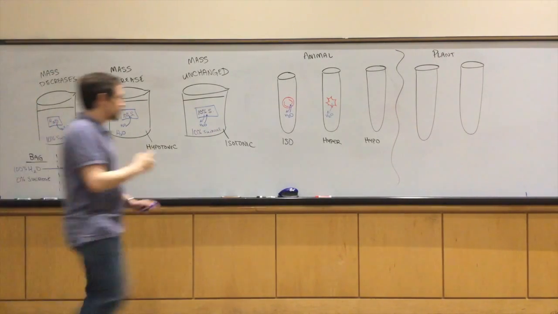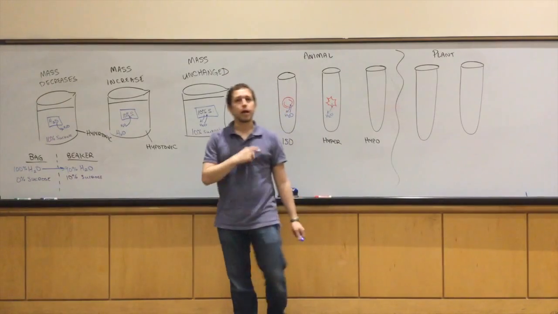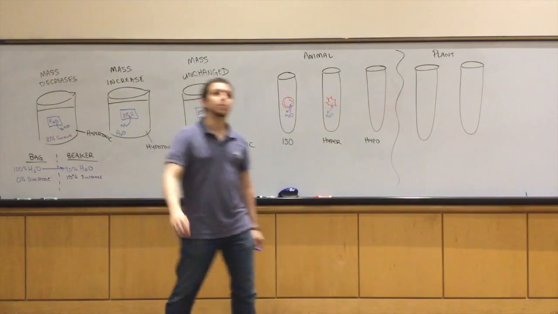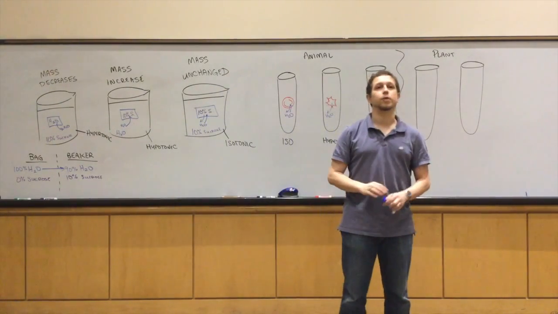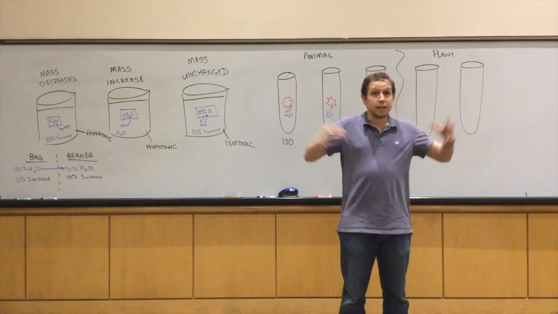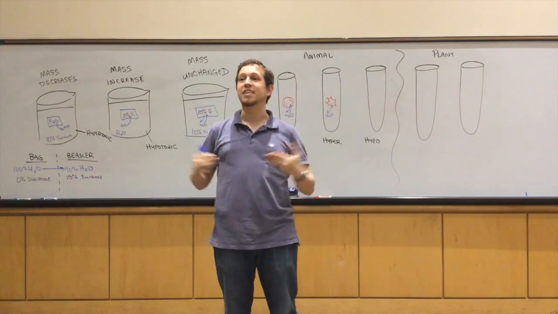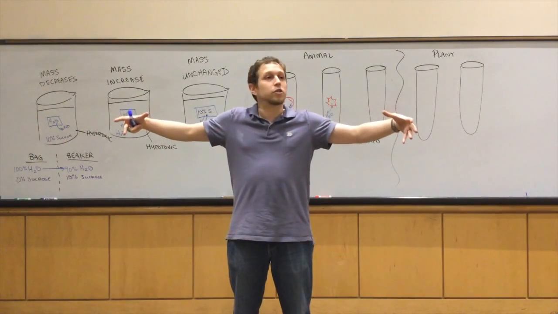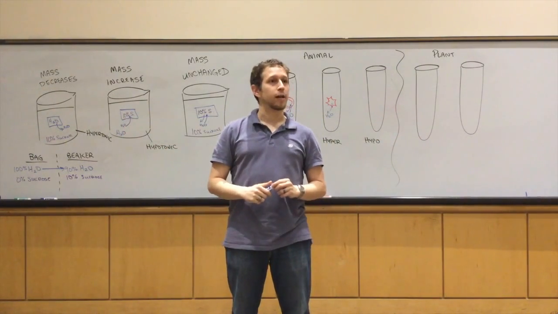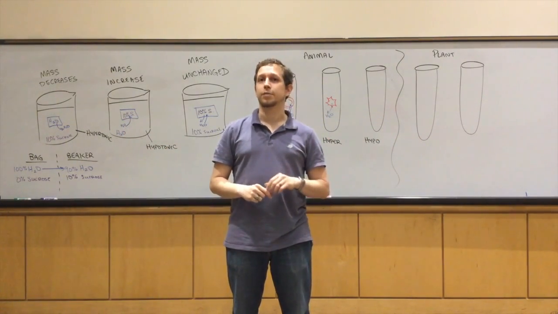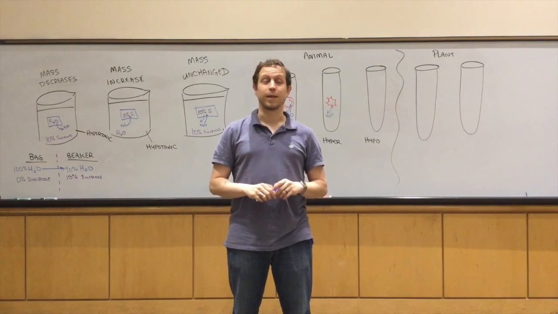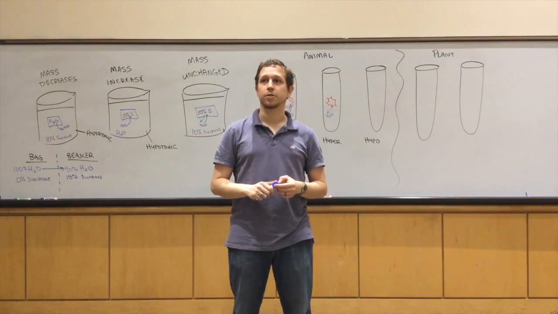And finally, I place a red blood cell into a hypotonic solution. Now, what did we see happen with the bag when we added it to a hypotonic solution? It increased in mass. Now, that represents water going into the bag, or in this case, into the cell, causing the cell to swell. Now, that plasma membrane, is it a rigid or a flexible structure? Flexible. Can it handle a whole lot of water pressure?